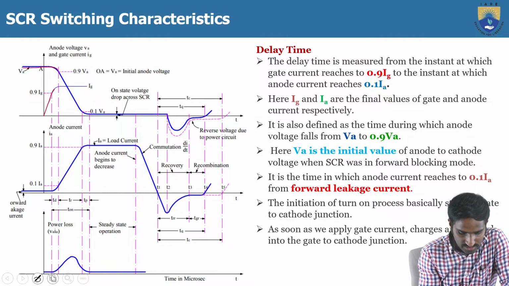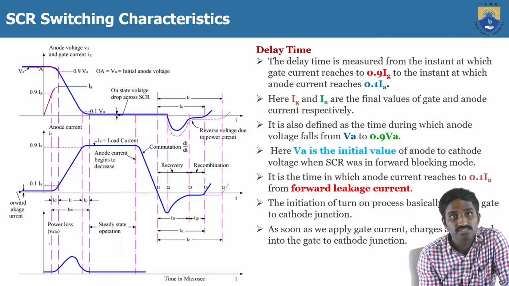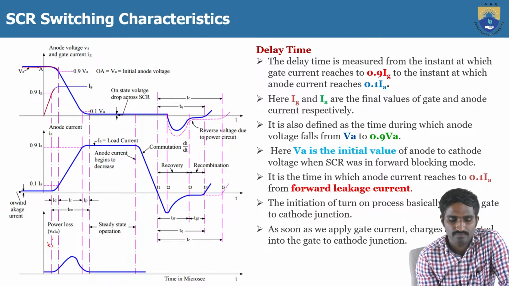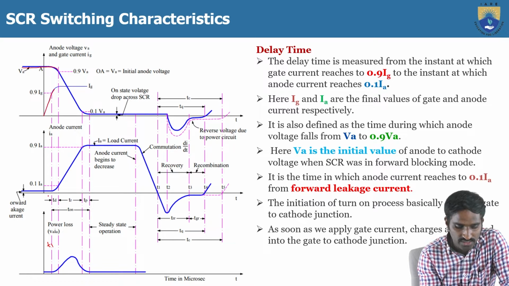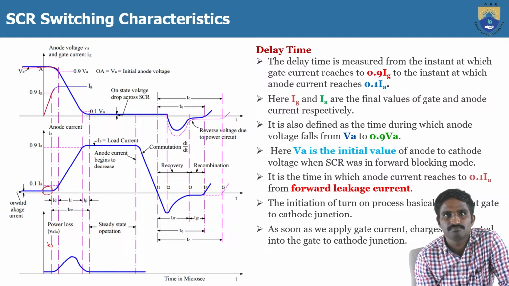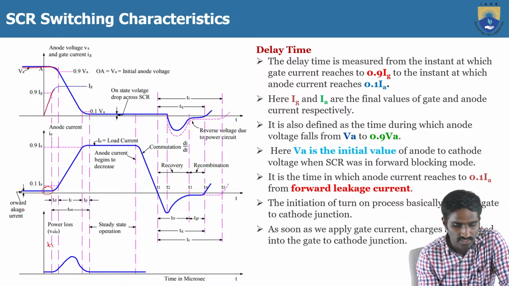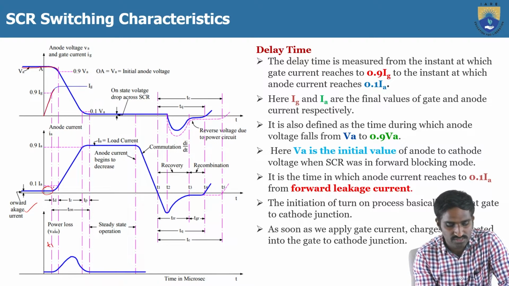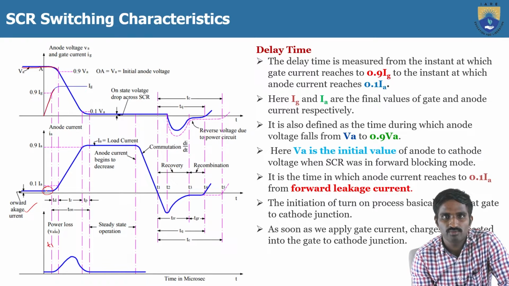Let me consider this first point as T1. Up to T1, the thyristor is not turning on; we have just initiated the turn on. During this time there is also a small current called the forward leakage current, which we studied in the VI characteristics, which means it is still in the forward blocking mode only.